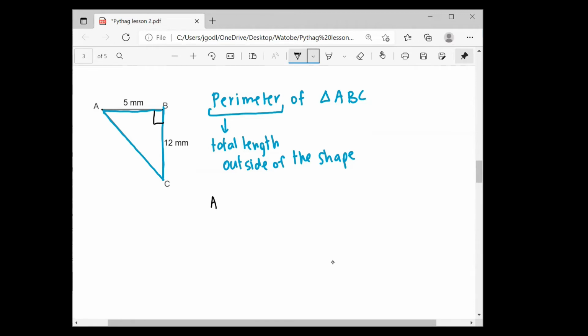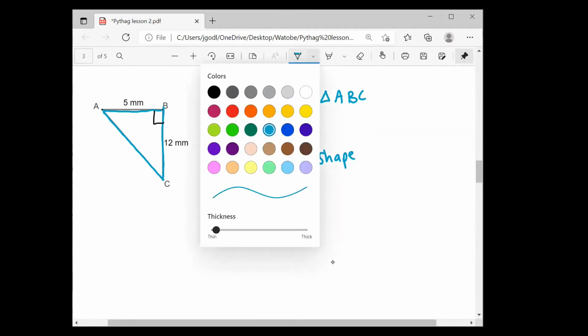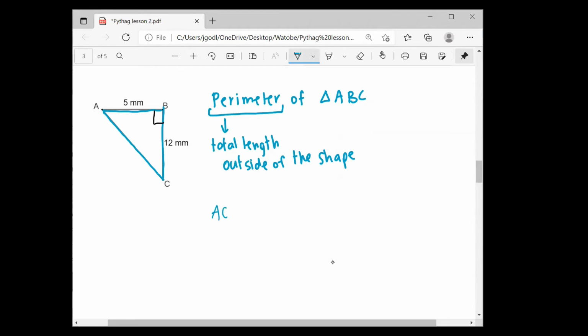So AC, let's get back into blue. AC is our hypotenuse. So AC squared is equal to 5 squared plus 12 squared, and then our reason for that is Pythagoras. That's okay, Avile. Thanks for letting me know.